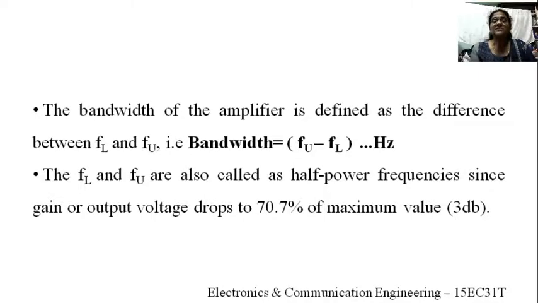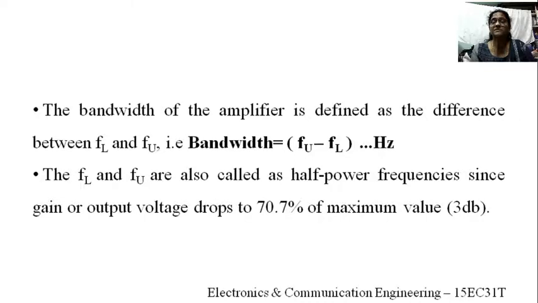The bandwidth of the amplifier is defined as the difference between FU and FL. That is the upper cutoff frequency minus the lower cutoff frequency gives the bandwidth, measured in hertz. That is the usable frequency range. These points FL and FU, the lower and higher cutoff frequencies, are also called half power frequencies, because the gain or output voltage drops to 70% of the maximum value.